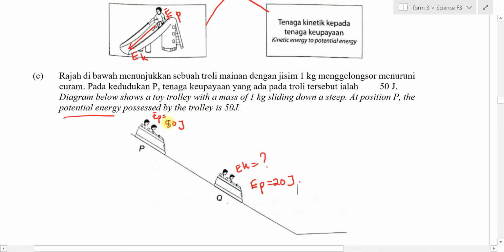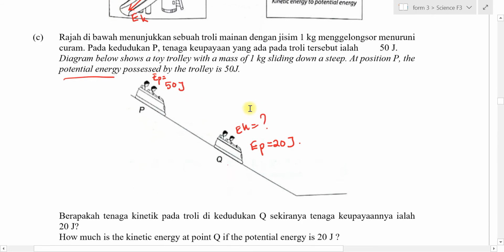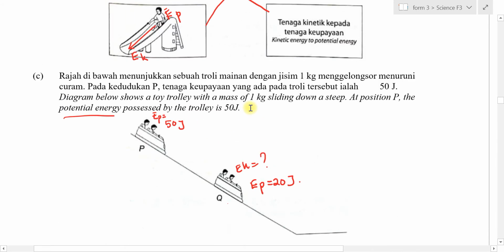So you must understand first, previously I taught you the pendulum bob. The bob, you remember the bob? Okay. When it reached the maximum height here, your EP is maximum while your kinetic energy is zero.